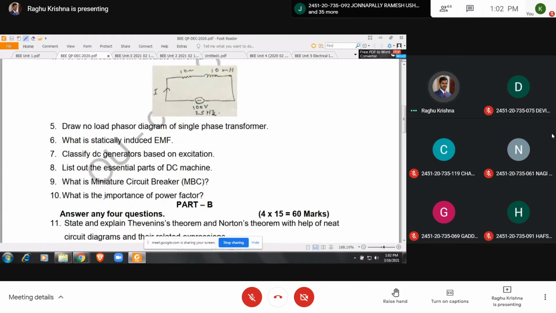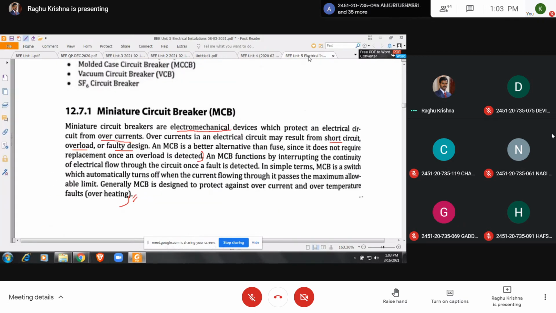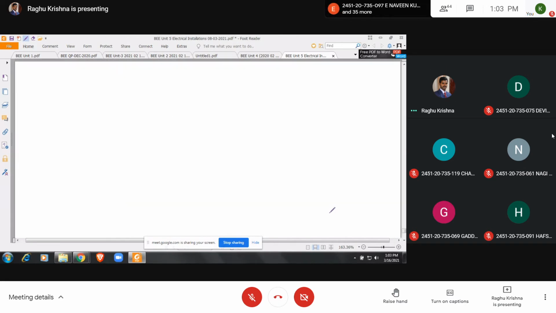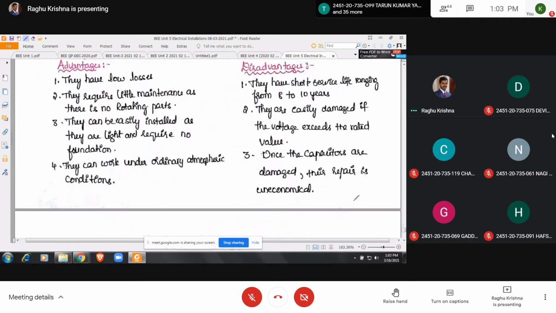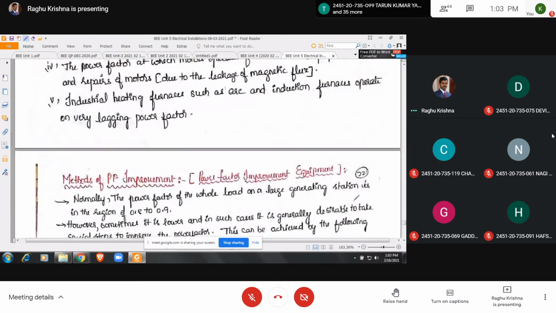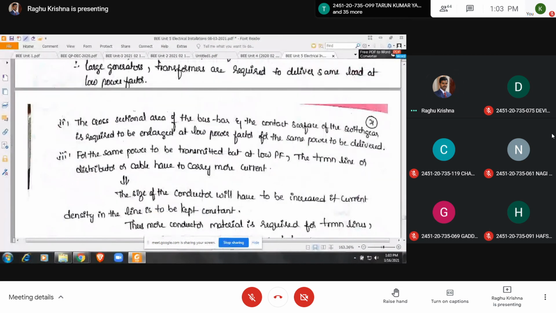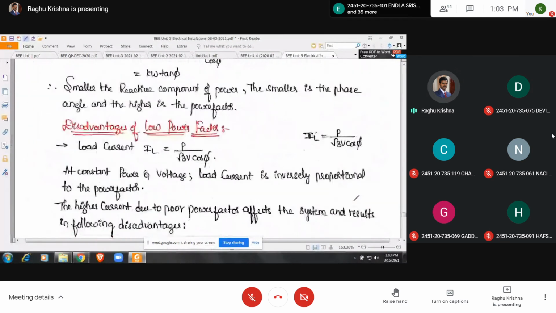So next, what is the importance of power factor? So you can write the advantages of power factor improvement.